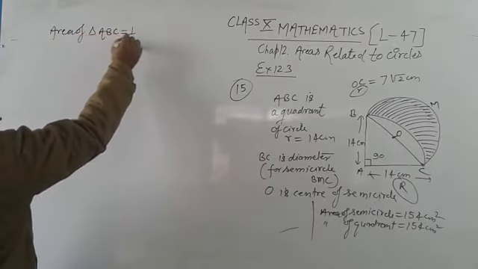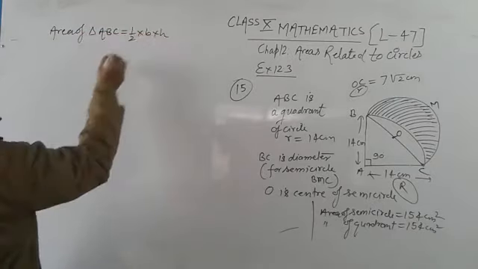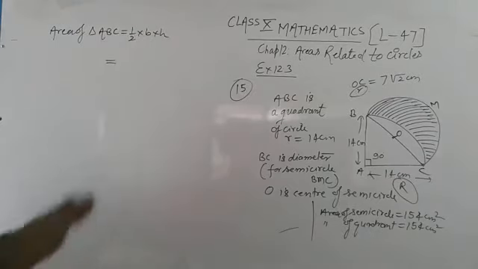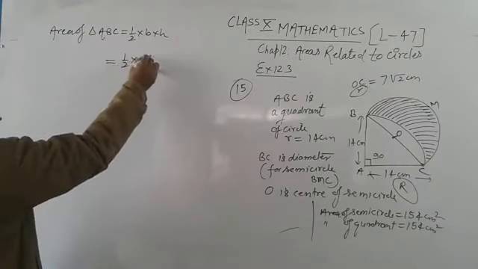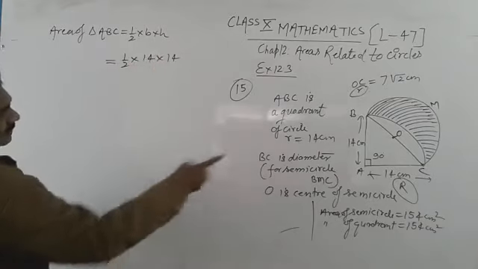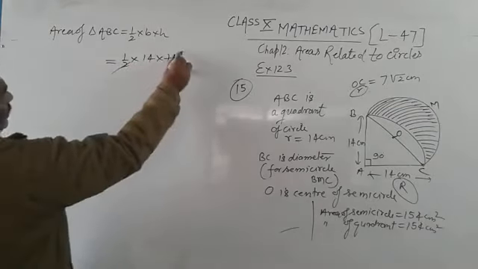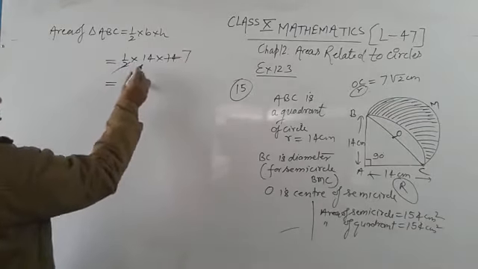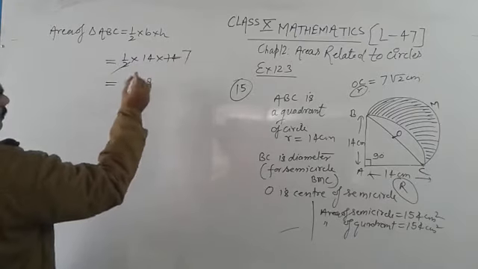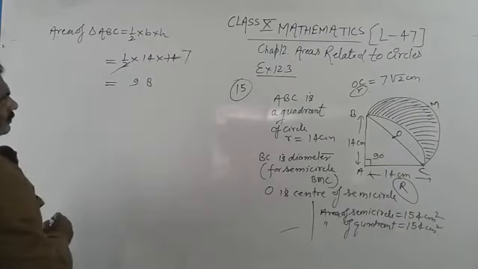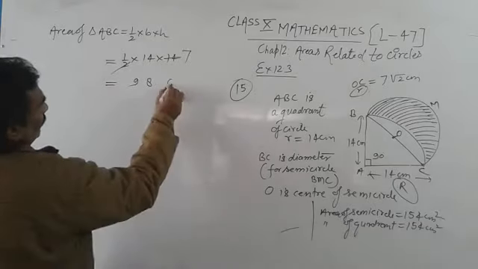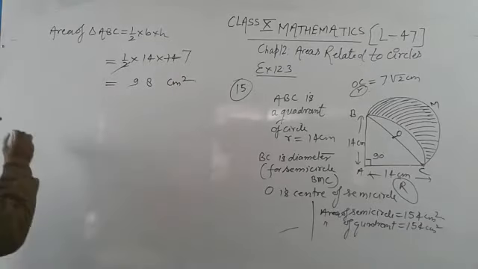Formula: 1/2 into base into height. So students, 1/2, base and height are both 14 centimeter for this triangle. 7 twos are 14. So it is 98 centimeter square.